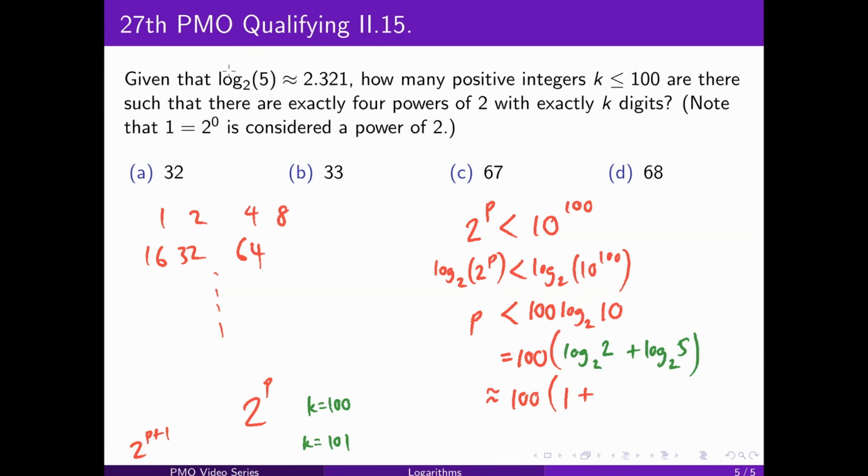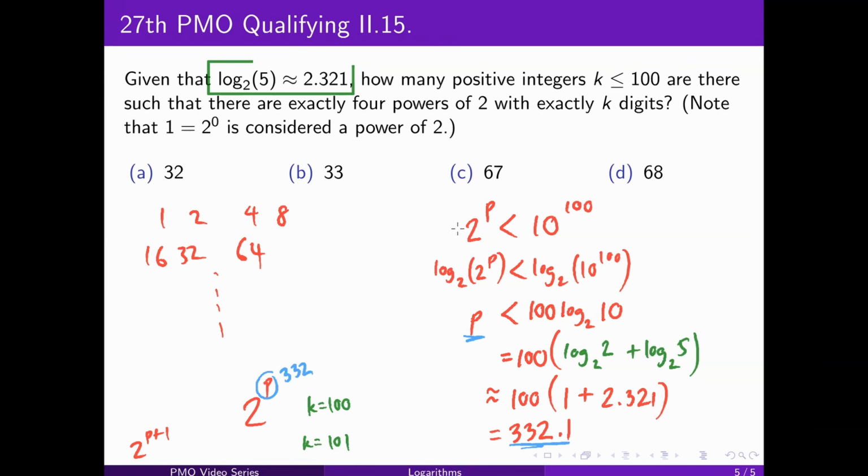So log 5 base 2 is approximately 2.321. So this simplifies to approximately 332.1. So you want p to be at most 332, because if you take 333, then it's already 101 digits. So now we know that this p should be 332.